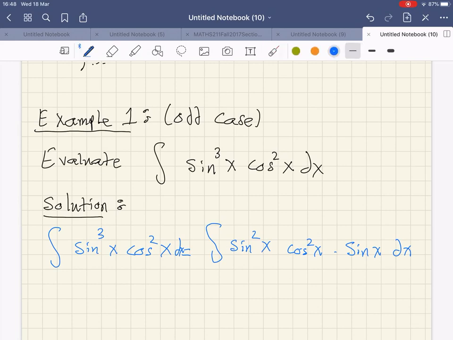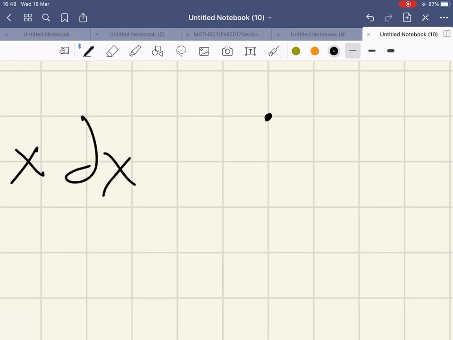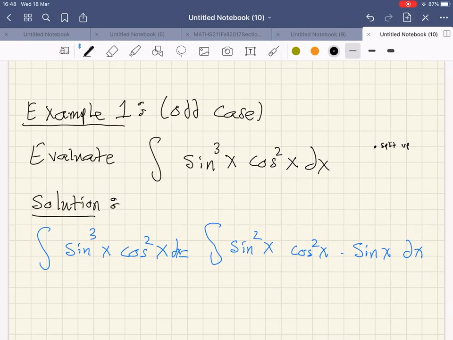So if we want to write the steps, step number 1, split up one of them. We just take sine or we take cosine, the one with the odd power. Now I split up. The second step, look, what do we have here?